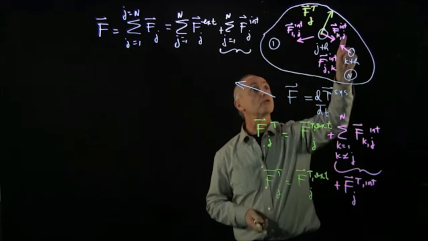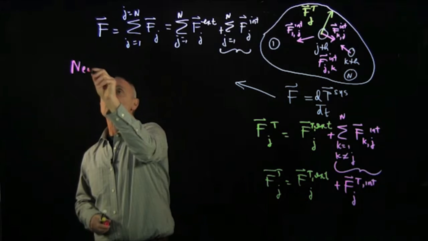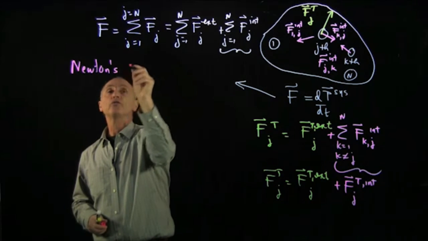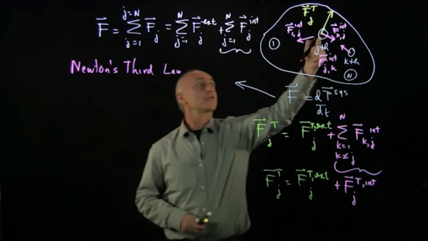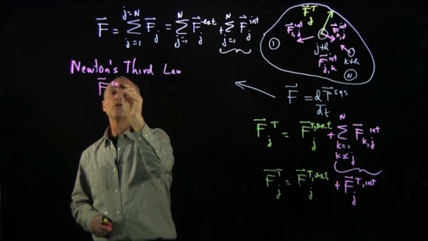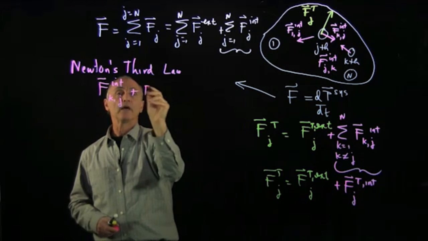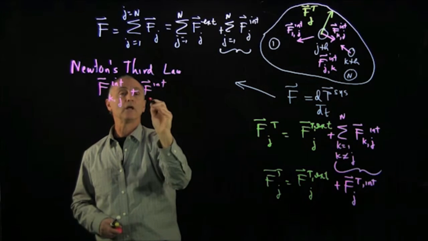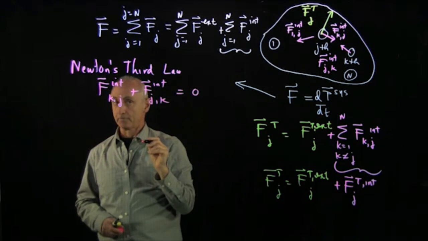So as an example, let's just focus on this particular pair: F internal kj plus F internal jk is 0.